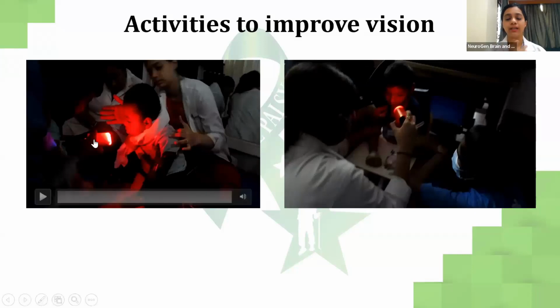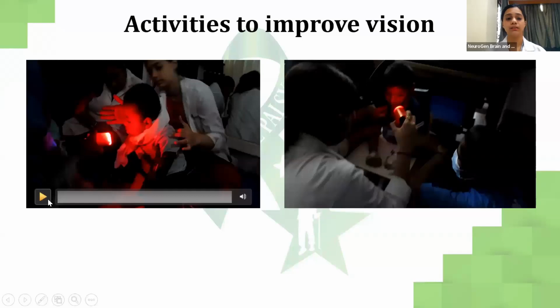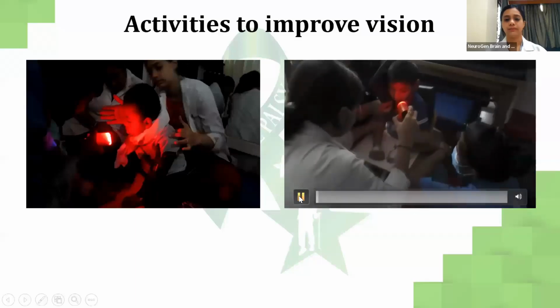So if we identify that there's some vision issue, if the child is not tracking, there is delayed tracking, inconsistent tracking, or he does not track at all, zero, then we have to give him vision therapy. Vision therapy can be given in a dark room with bright lights, that is red, green, yellow light, and a single light. There shouldn't be many lights.